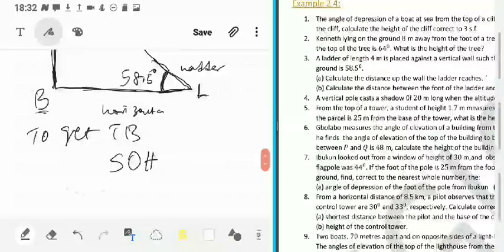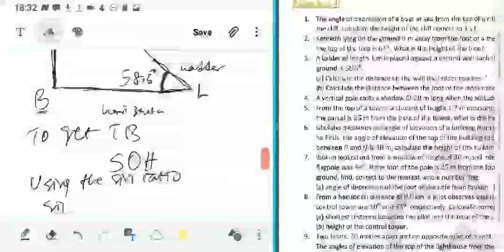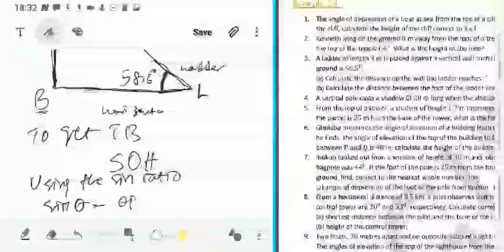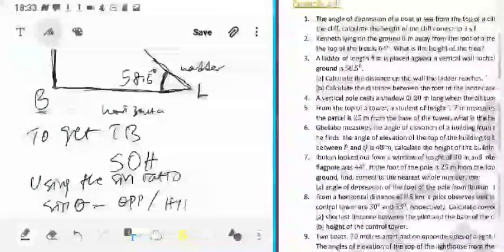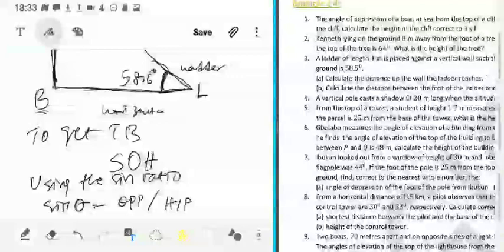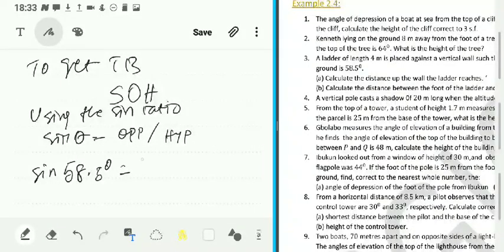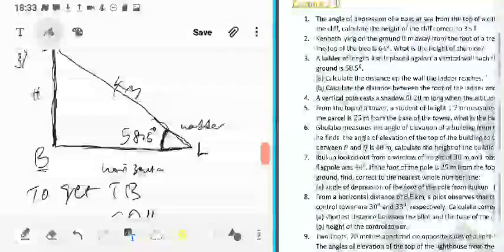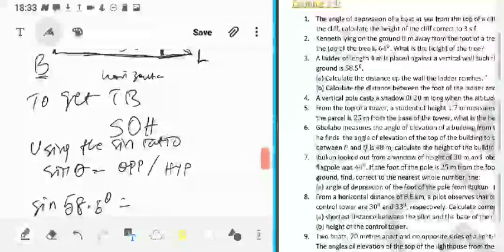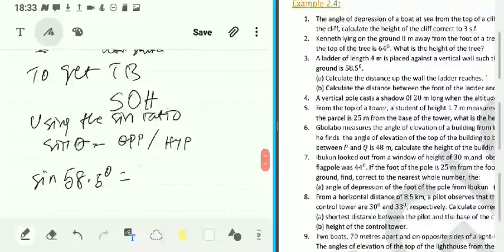So we're going to be using the sine ratio. Sine theta is equal to opposite over hypotenuse. Theta is 58.5 degrees. So sine 58.5 degrees is equal to the opposite, which is TB, over the hypotenuse, 4 meters. So we have TB over 4.